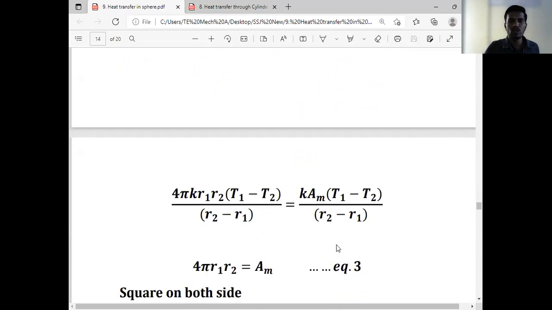By equating these two equations, T1 minus T2 will be cancelled, R2 minus R1 will be cancelled, K will be cancelled. So what is the remaining equation? AM is equal to 4 pi R1 R2. This is equation number 3.